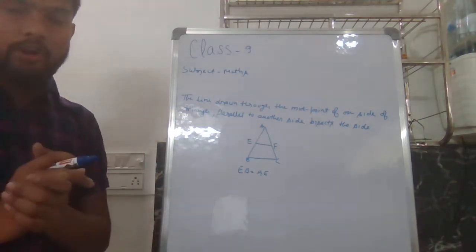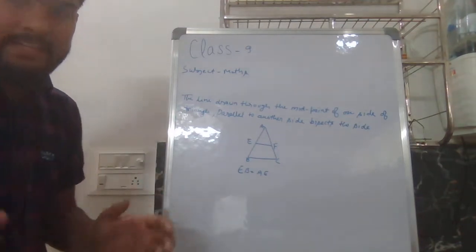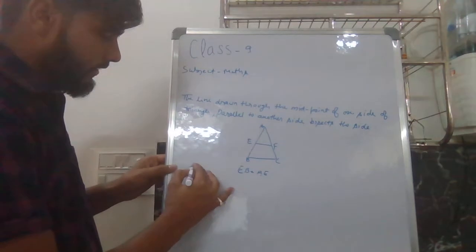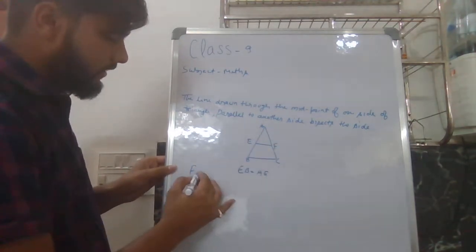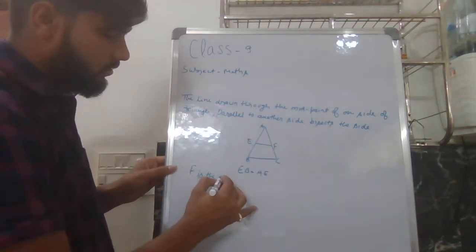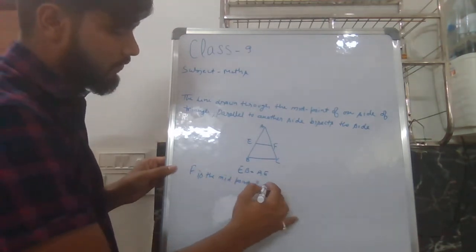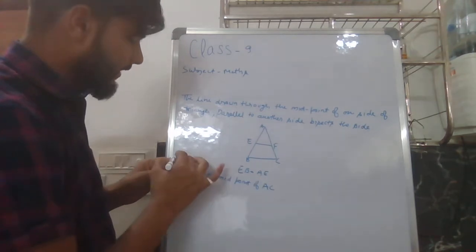What we will take as given is F is the midpoint of the side AC. So here we can see that F is the midpoint of AC.